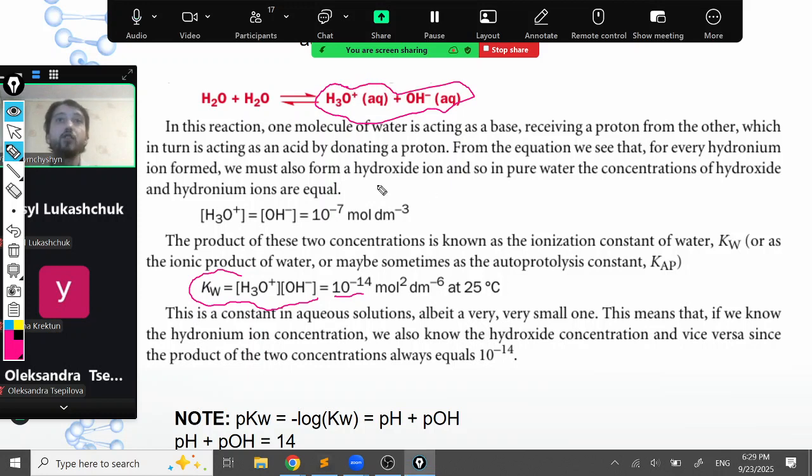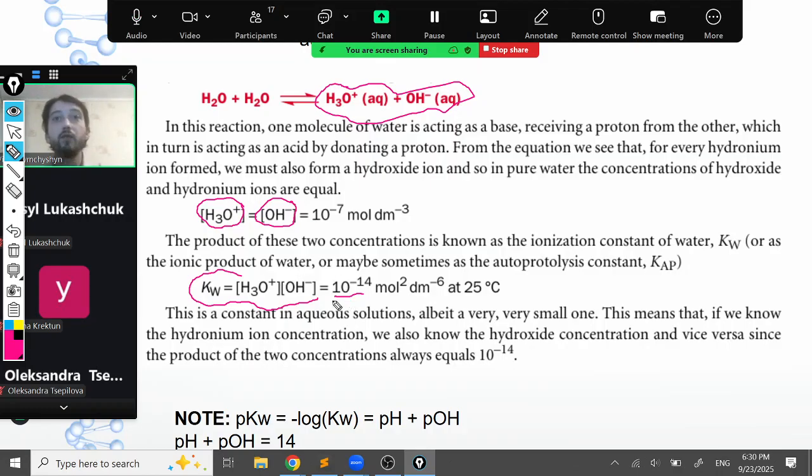They can come just from the water, and this process creates an equal number of H3O plus and OH minus ions, so their concentrations should be equal.